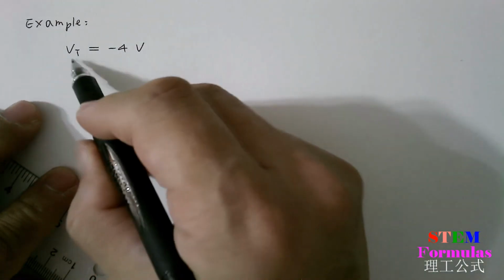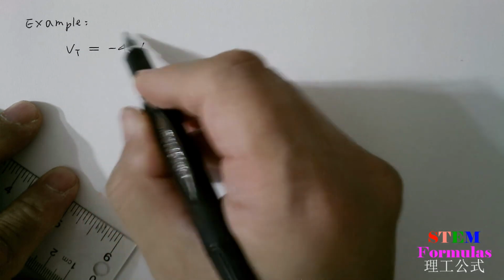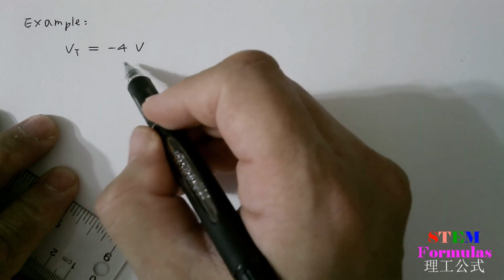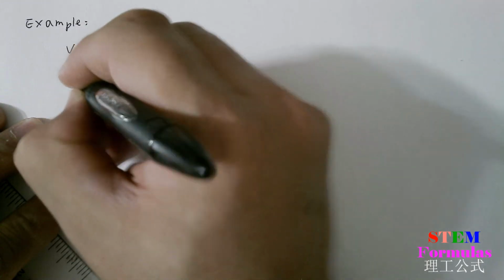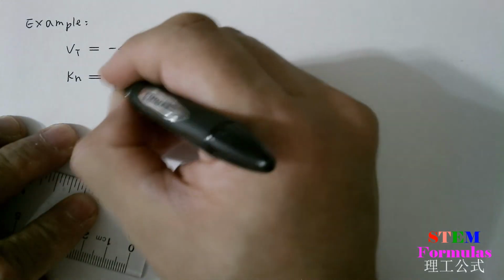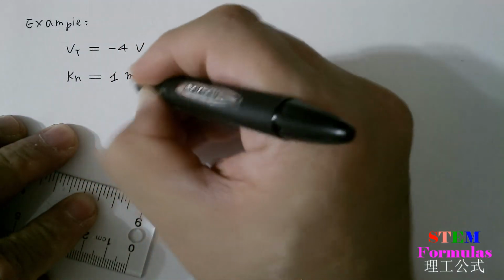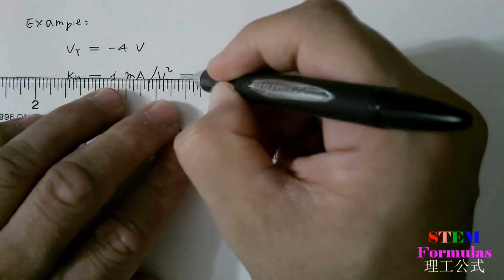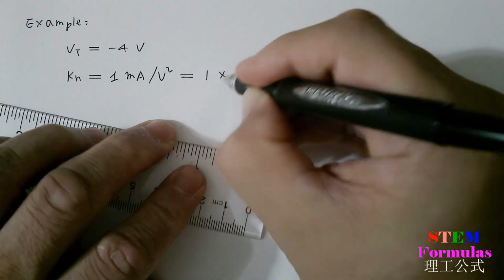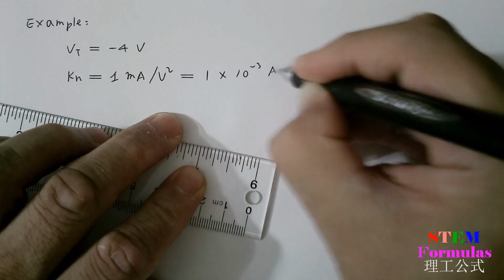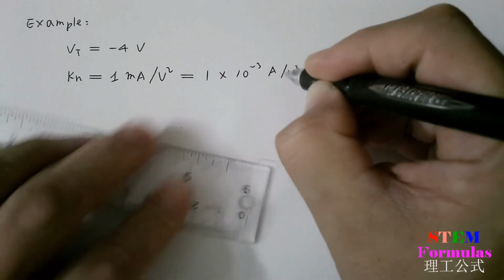You see, when given VT equals minus 4, you will know immediately that this MOSFET is a depletion type MOSFET. And Kn equal 1 milliamp divided by V square, equal 1 times 10 to the minus 3 A divided by volts square.